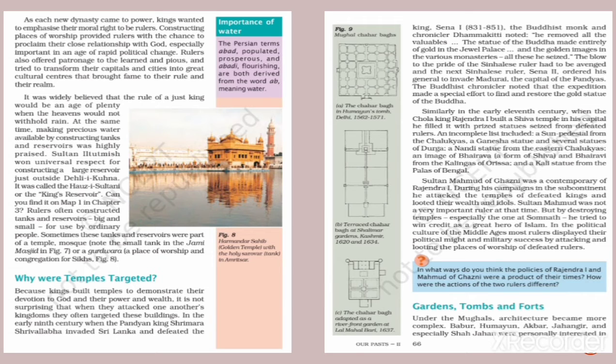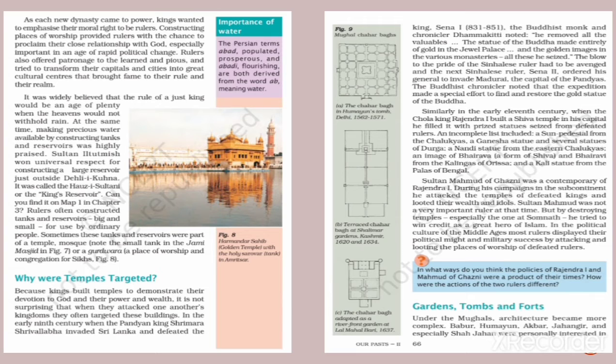Temples were destroyed by the kings to emerge as great heroes of their religion. Ghazni destroyed the temple of Somnath. They also destroyed their political might and military success by doing so.